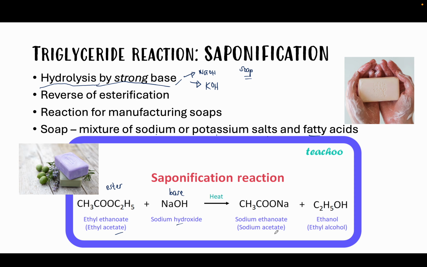You form a salt, sodium acetate or sodium ethanoate, and the other product is alcohol. For fats, that is glycerol. That's why you have glycerol present in a lot of soap products. Glycerol is the simplest form of alcohol present in a lot of soap products.